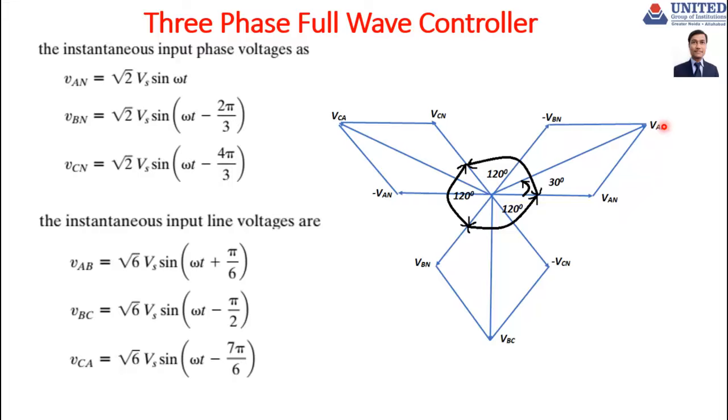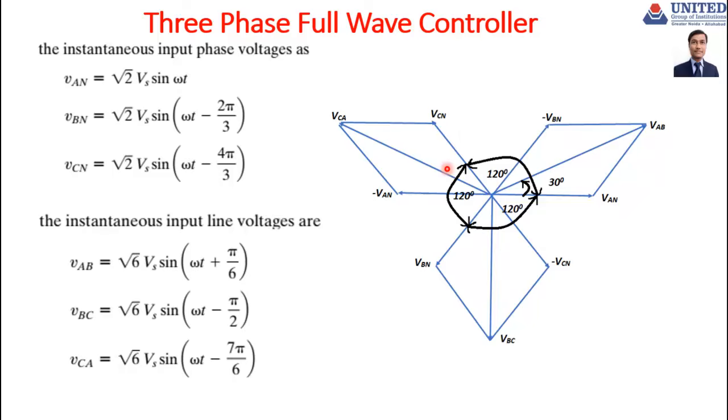Whereas the line voltage VAB is obtained by adding the phase voltage VAN and the negative phase voltage minus VBN. So we see that line voltage VAB leads phase voltage VAN by 30 degrees. Similarly, line voltage VBC leads phase voltage VBN by 30 degrees, and line voltage VCA leads phase voltage VCN by 30 degrees.